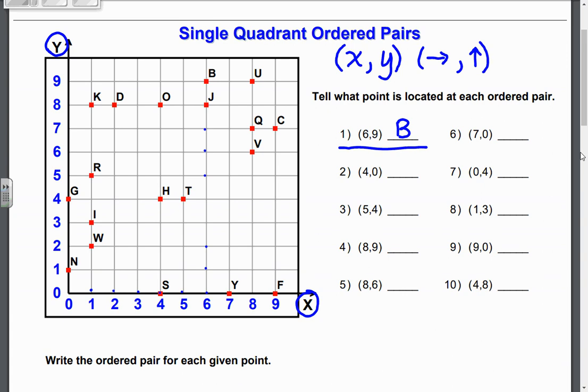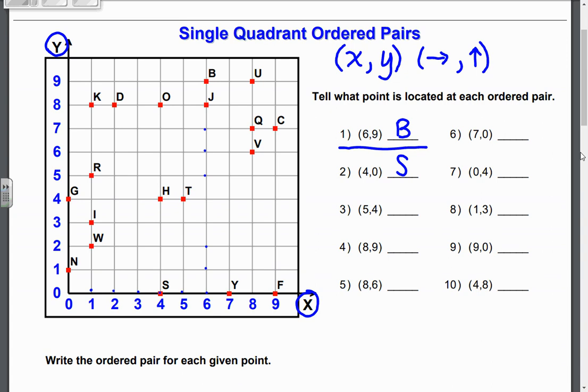Okay? So let's look at number 2. What would be the point that we find on the coordinates 4, 0? Well, we would go over to the right, 1, 2, 3, 4, but since we are going up 0, what letter do we find there? Correct, S. Number 3, we are going to go over 5 and then up 4.